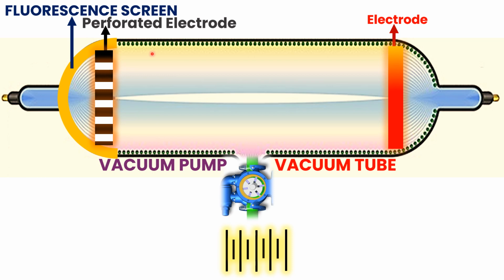Now both the electrodes, the perforated electrode and the cathode, are not useful until they are connected with a potential source or a high power battery. The battery has two terminals. One terminal is known as the negative terminal. The negative terminal is the electron sufficient terminal.